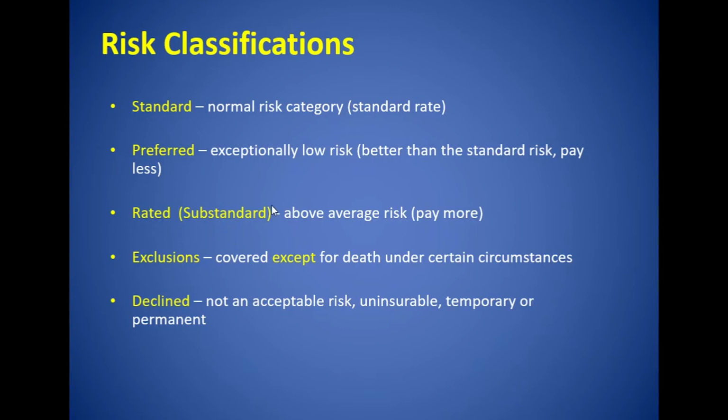So if you're substandard, you have a health issue, it could be that you're overweight, and the rating is going to be directly related to your health situation. You might be rated 125% or 150%, 200%. It depends on the rating the underwriter comes up with.